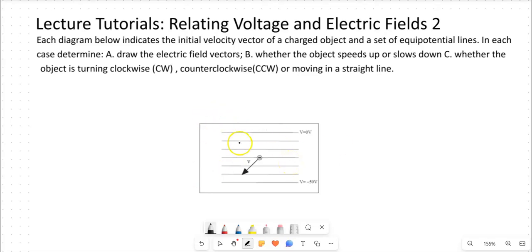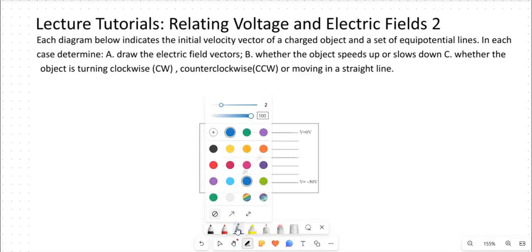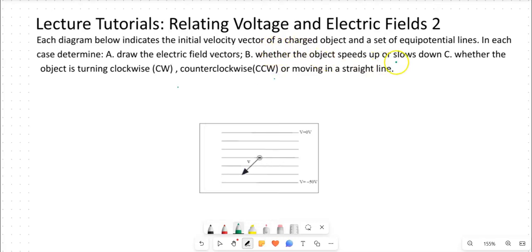So on this chart, you're supposed to draw the direction of the electric field. You're supposed to determine whether the negative charge is going to be speeding up or slowing down. And whether it's going to be turning clockwise or counterclockwise or moving in a straight line. Okay?